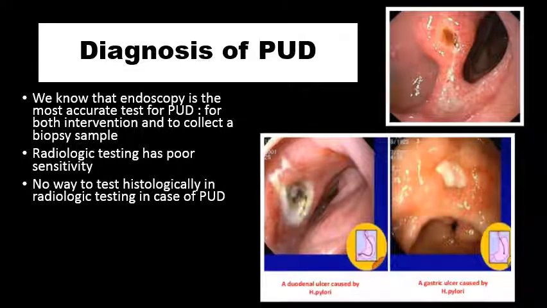So before we start with that, we just need to know a little basics about peptic ulcers. You have to know that there are 3 hormones which are responsible for the production of gastric acid. These are gastrin, acetylcholine, and histamine.